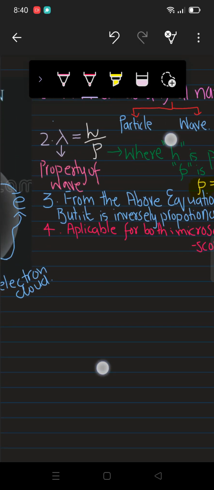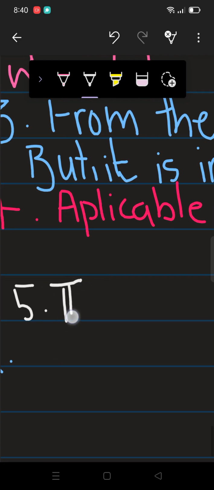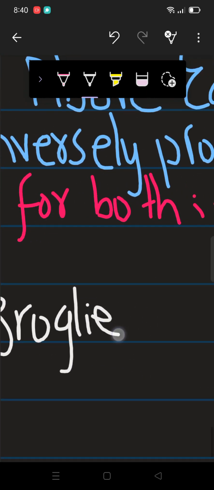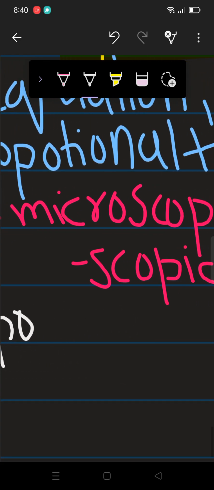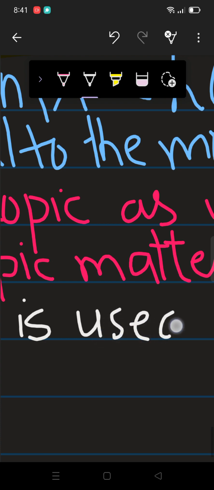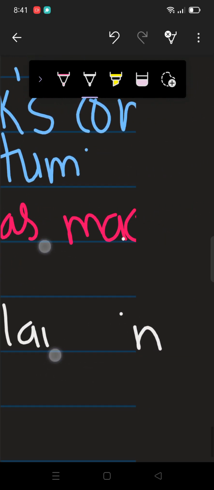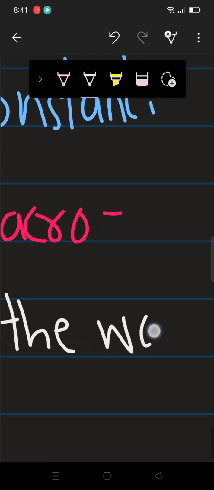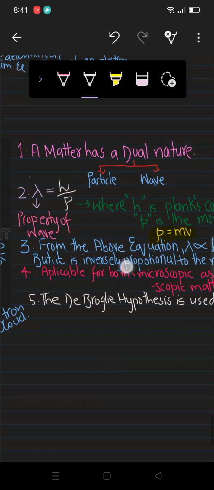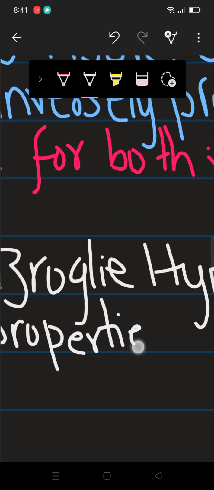In the fifth point, we got to know that the de Broglie hypothesis equation is used to explain the wave properties of matter.